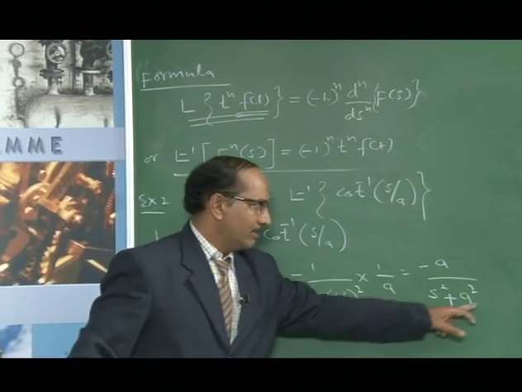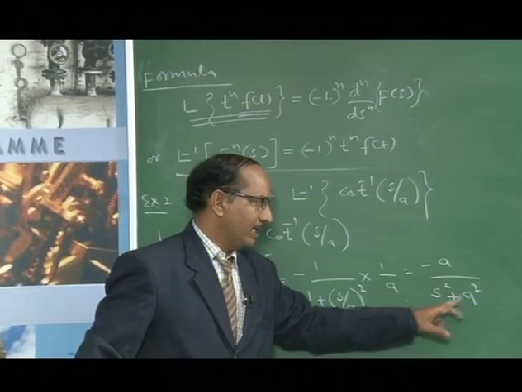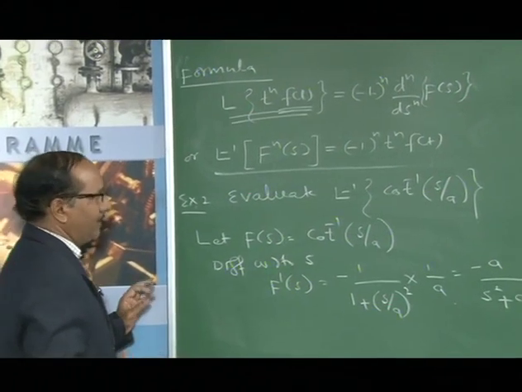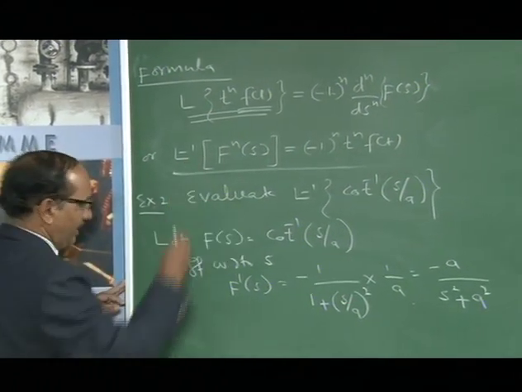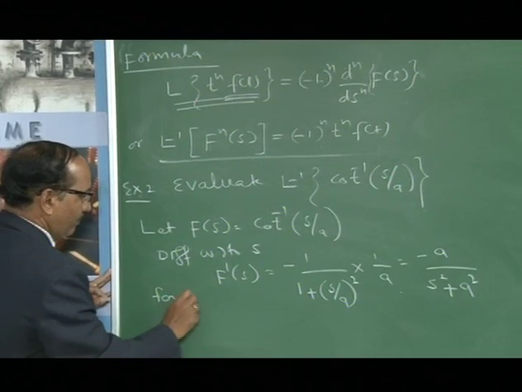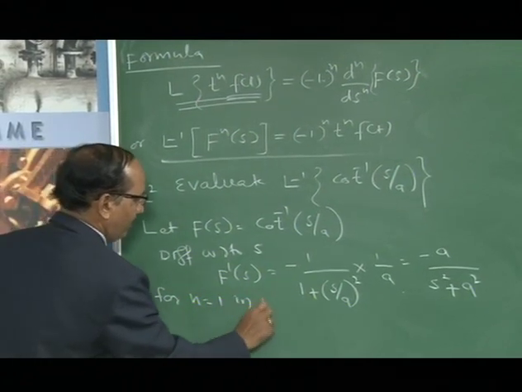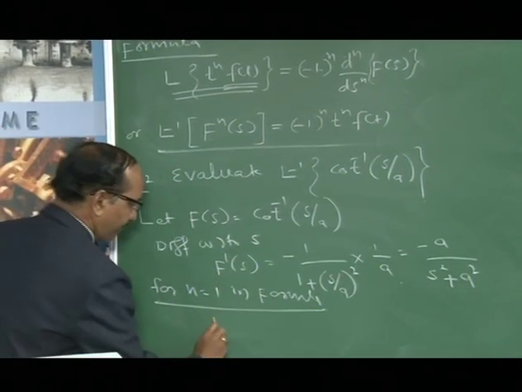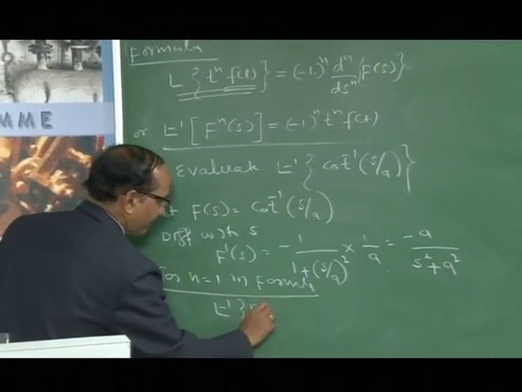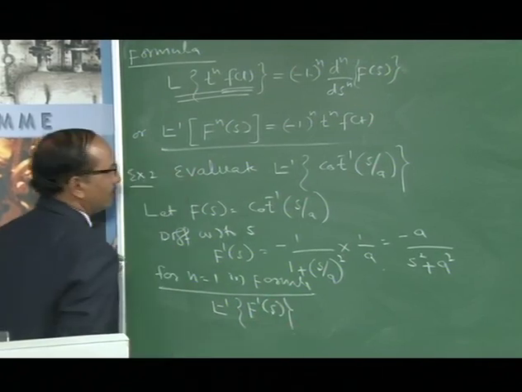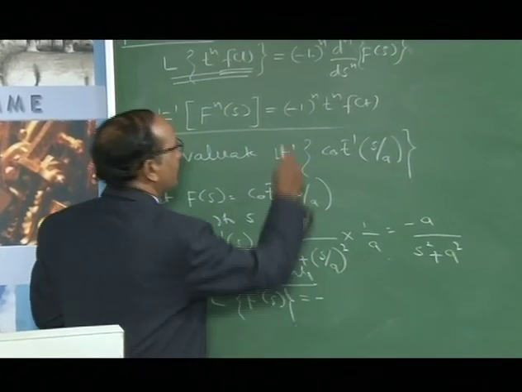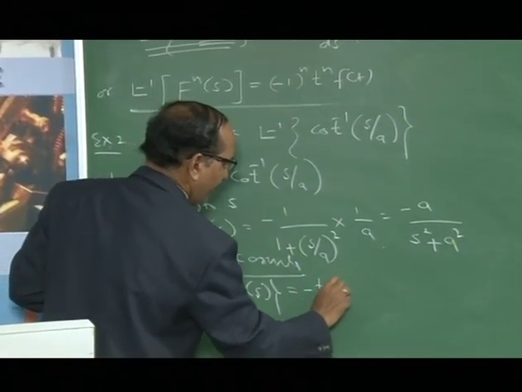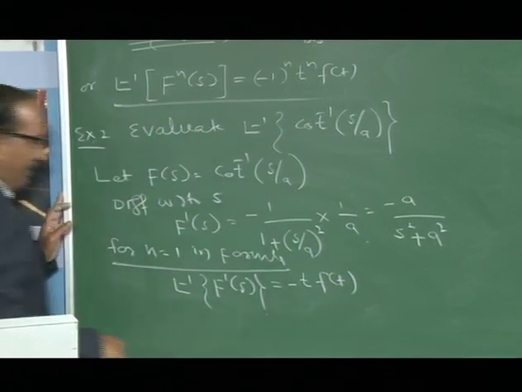This is matching with the standard form a divided by s square plus a square, whose inverse is sin a t. So, you stop the differentiation and apply the formula by putting n equal to 1. For n equal to 1 in the formula, that is L inverse of f dash s is equal to minus 1 raised to 1, that is minus 1 into t f of t.